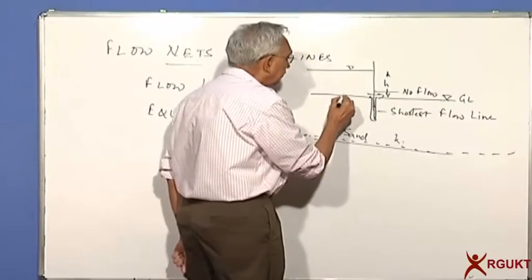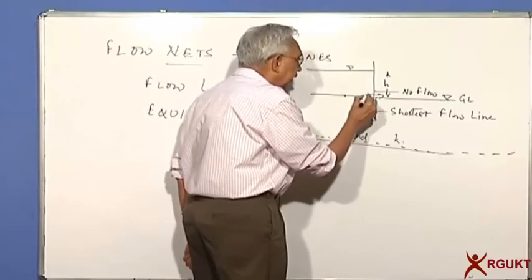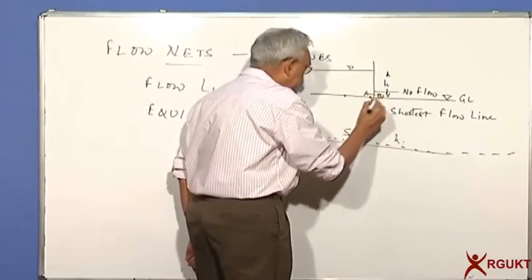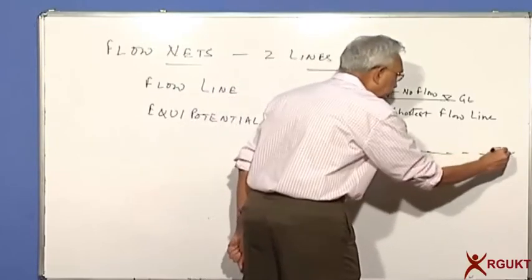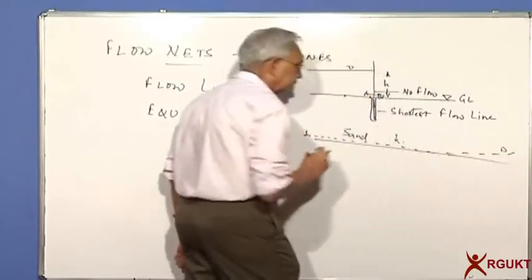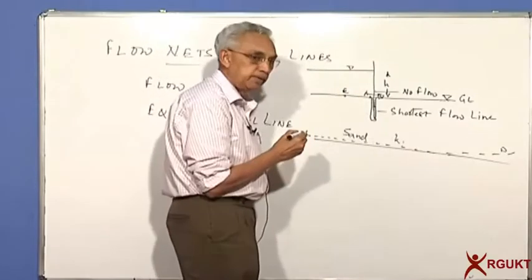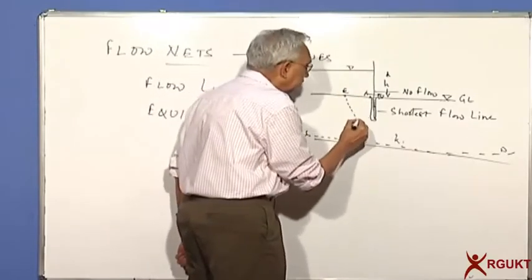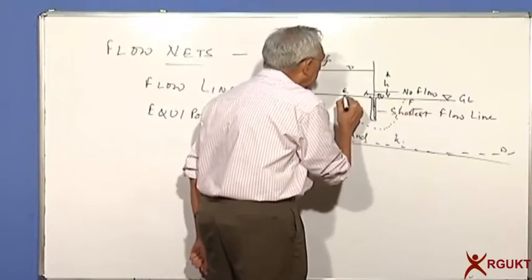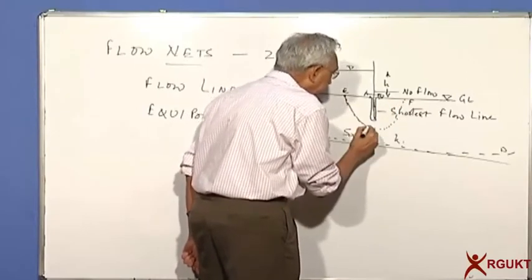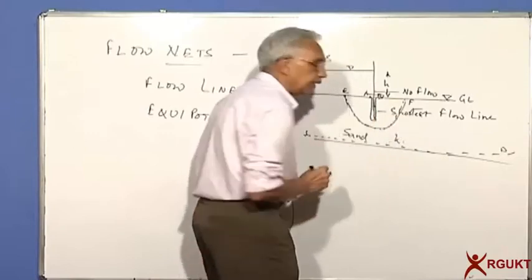If the water molecule from this point, let's say I looked at A to B, C to D, it will be parallel to the water surface, CD. Now I am looking at another water molecule starting at point E, and you will realize E to F will have to be something like this.